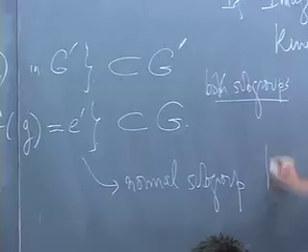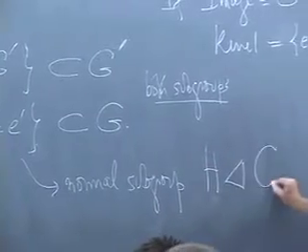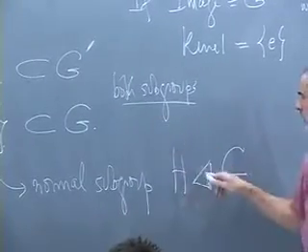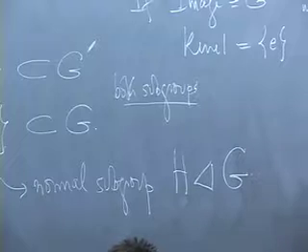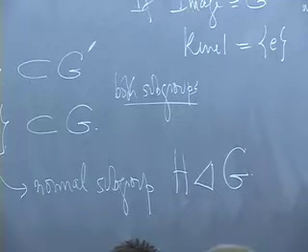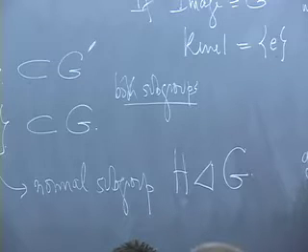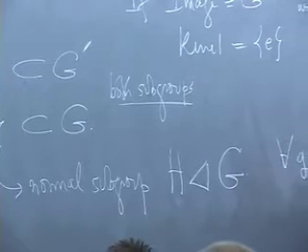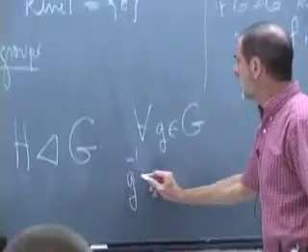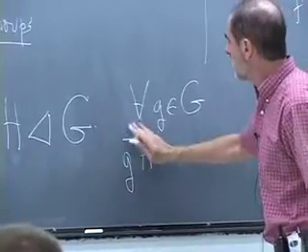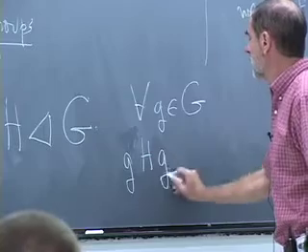A normal subgroup H in a group G is denoted this way, not just by the contain sign, but a little triangle. So it means it's better than just a subgroup. It has a nice property. It has the property that if you take any g in G, for all g in G, if you take the conjugates of H, well, g h g inverse, let's do it that way.